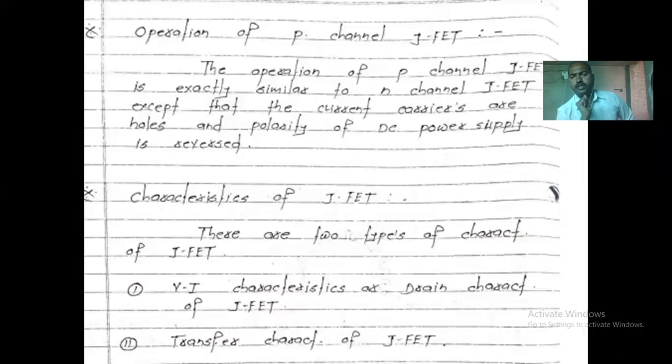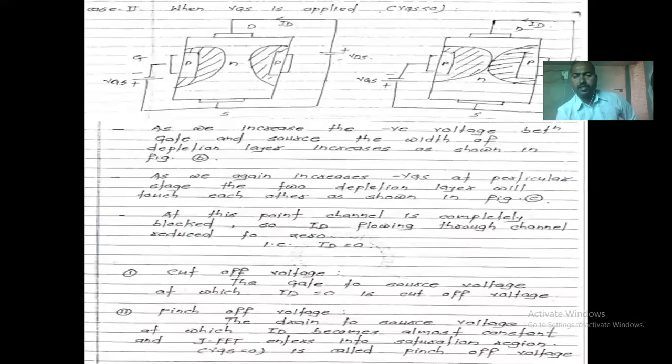In a P channel JFET, compared to the N channel JFET, the gate voltage applied is positive, not negative. As positive voltage between gate and source increases, less current flows, which is opposite to the N channel JFET. The VDS polarity is also opposite: plus-minus in N channel, minus-plus in P channel.